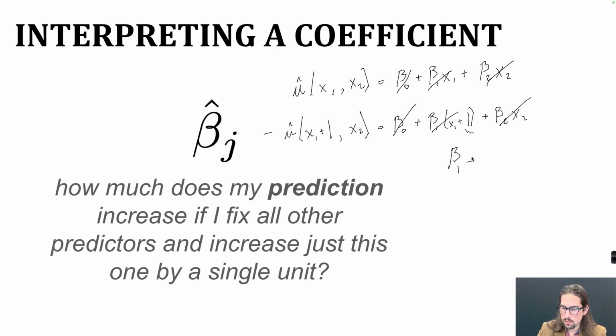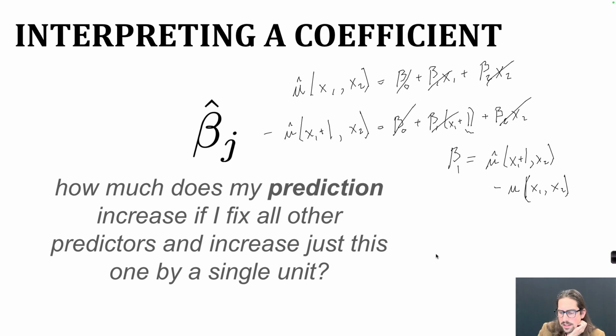So beta 1 is equal to exactly this difference in the predictions. It's the difference in the predictions if I increase the one predictor corresponding to whatever beta we're talking about, but leave all the other ones fixed, right? That's the very common interpretation of these coefficients.